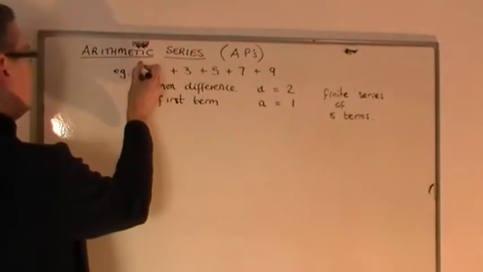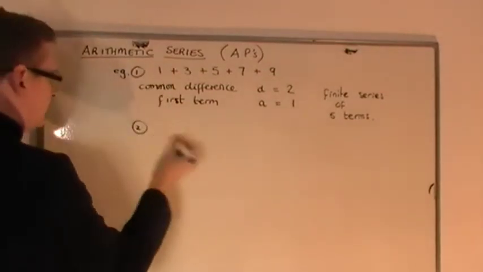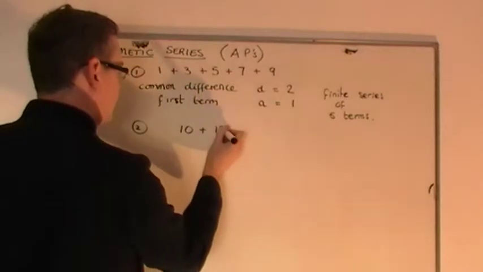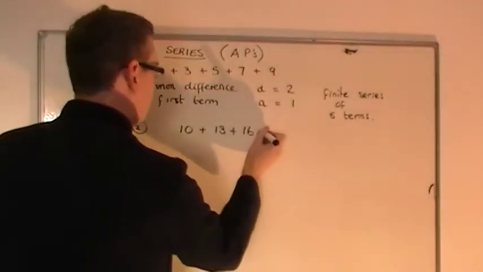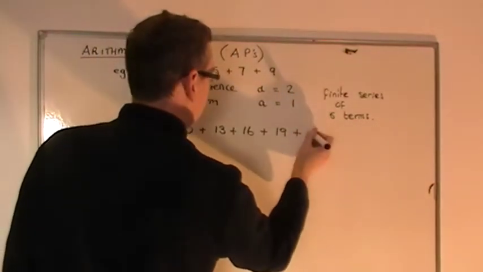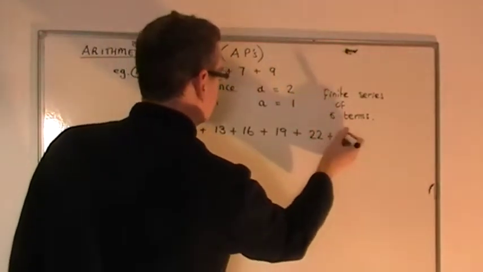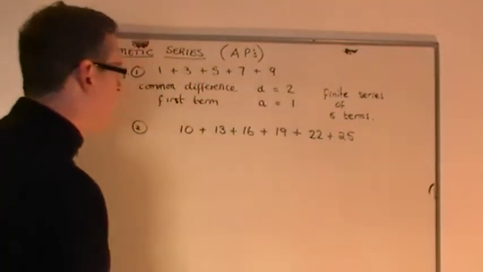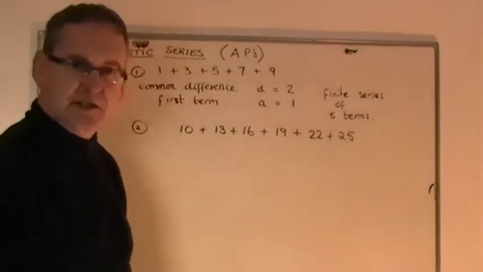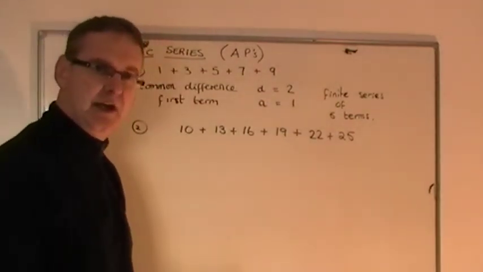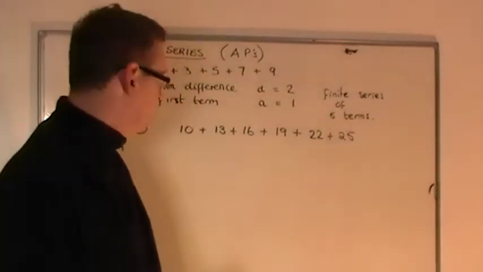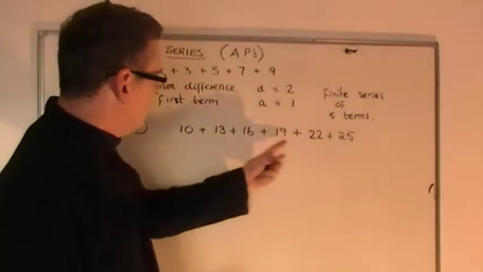So if I call that number 1, number 2 would be something like 10 plus 13 plus 16 plus 19 plus 22 plus 25. Looking at that, it is a sequence of numbers being added together, and each successive number is bigger by 3. You're adding 3 each time.